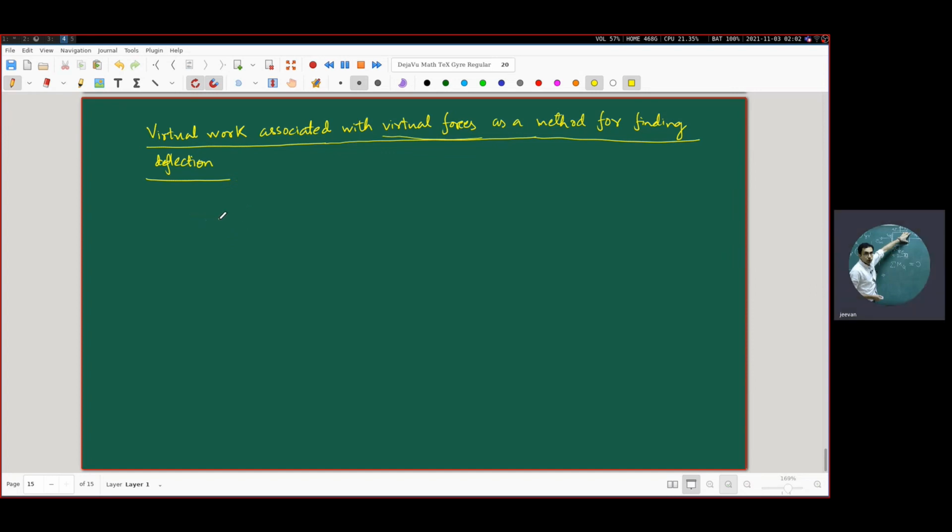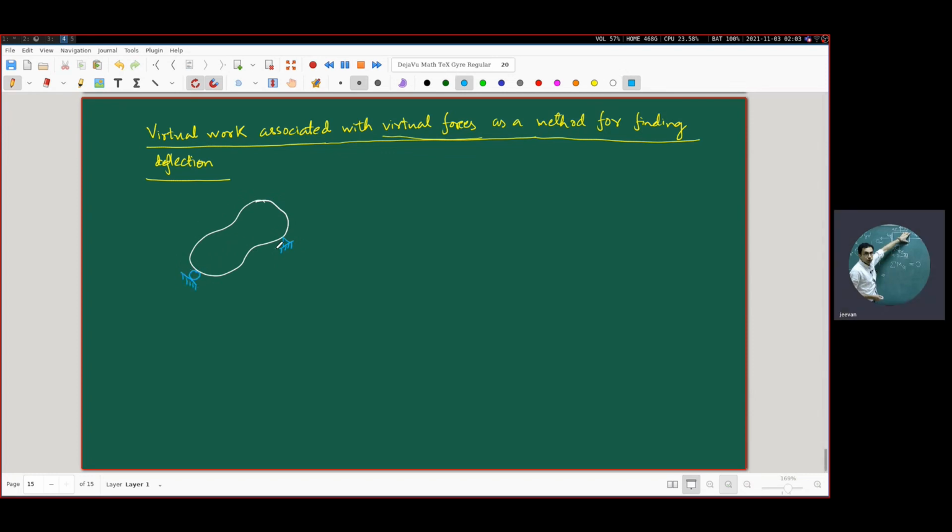So what we are going to do is we are going to consider a general three-dimensional deformable body like this. This body, let it be having these kinds of supports.